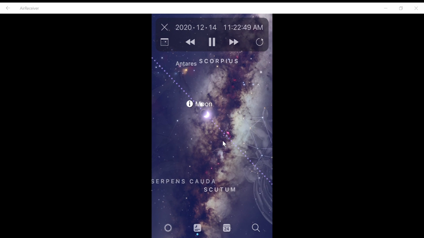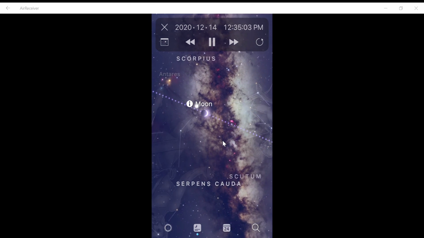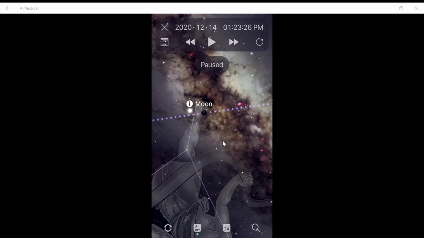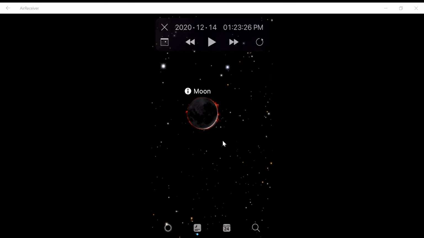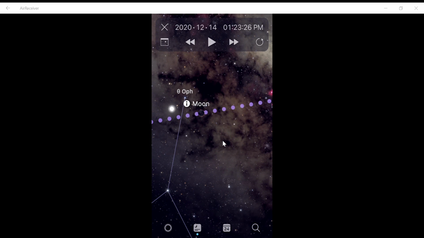And so that's the descending node, or Ketu. And right there is your totality. You zoom across, you see the sun's completely covered, right? And that's your diamond ring right there.